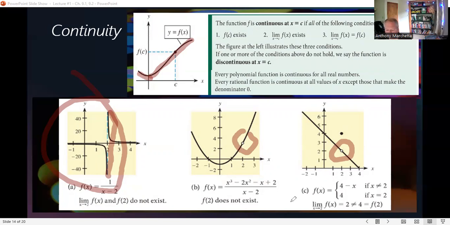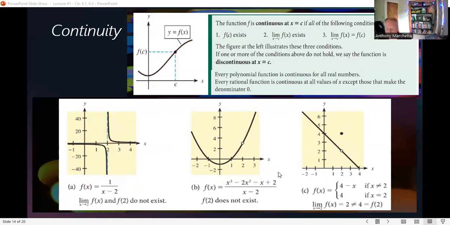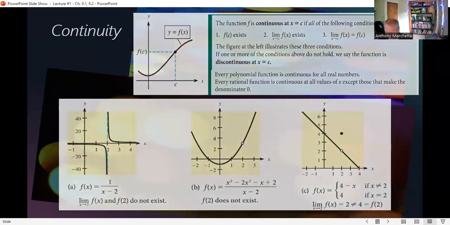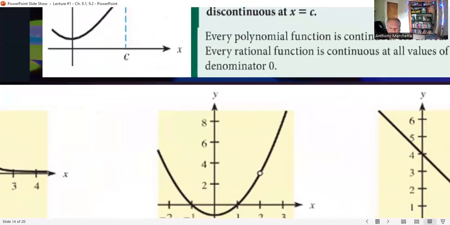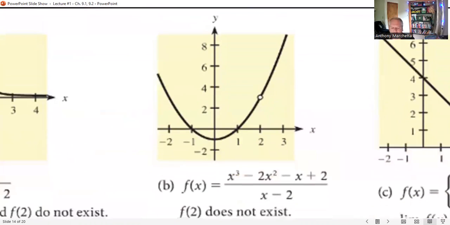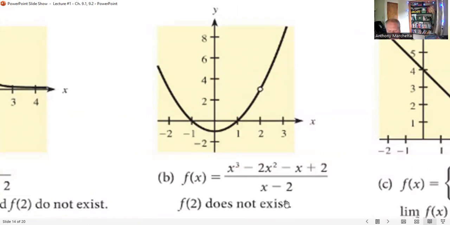I'm going to clear these out so we could focus just on those for a minute. Take a look first at this graph. In this one, the function has on the bottom that pesky divided by zero issue. And of course, x cannot be 2.